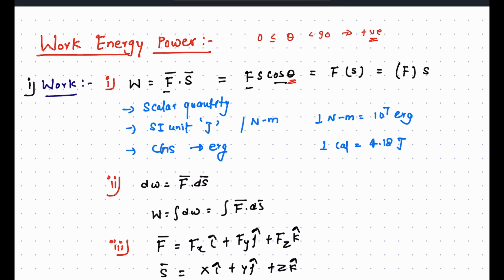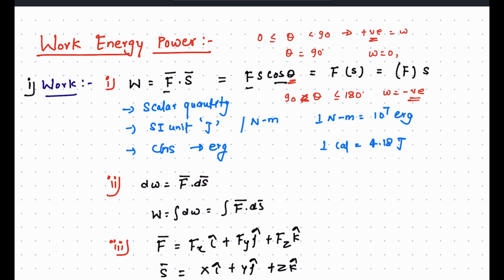What if the angle between the force vector and the displacement vector is 90 degrees? Then the work done will be 0. What if the angle is greater than 90 degrees and less than or equal to 180 degrees? In that case the work done will be negative.